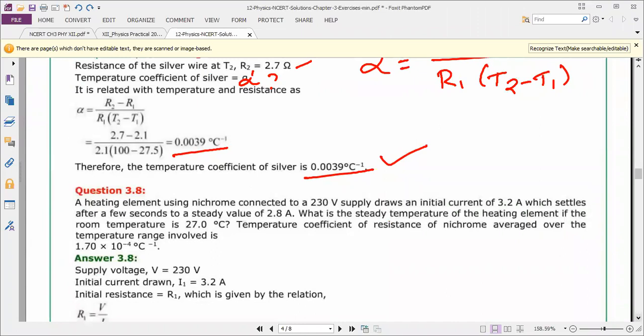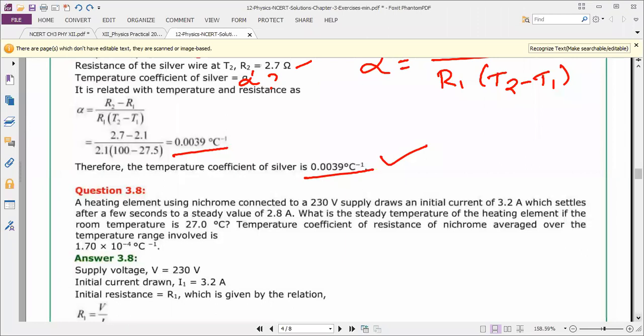Question number 3.8. A heating element using nichrome connected to a 230 volt supply had an initial current of 3.2 ampere, which settled after a few seconds to a steady value of 2.8 ampere. What is the steady temperature of the heating element if the room temperature is 27 degrees Celsius?